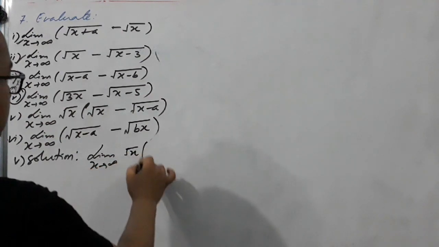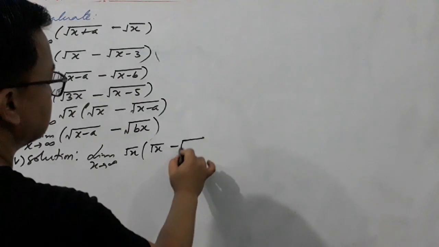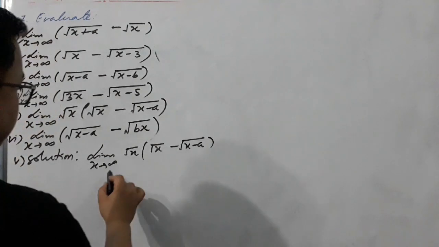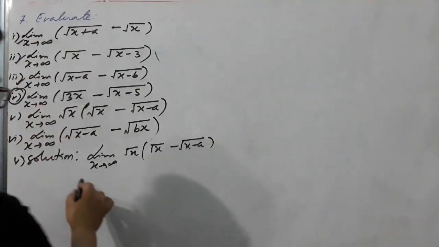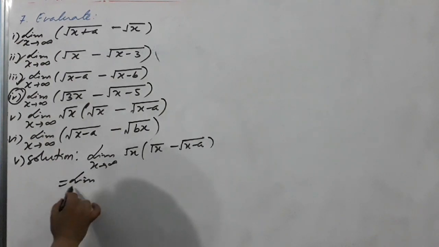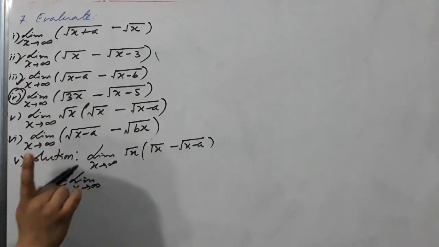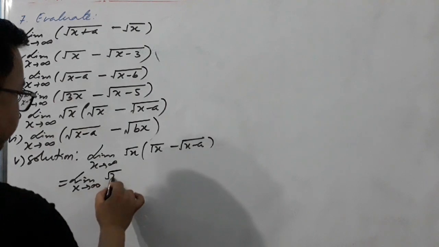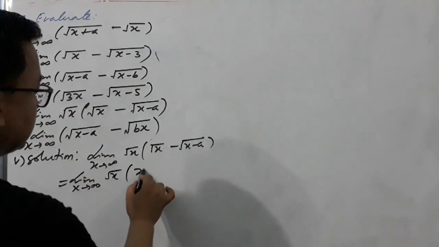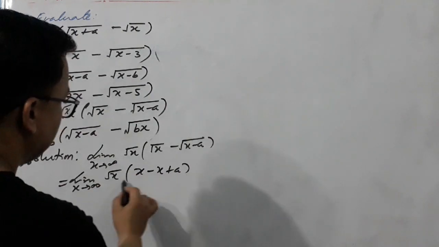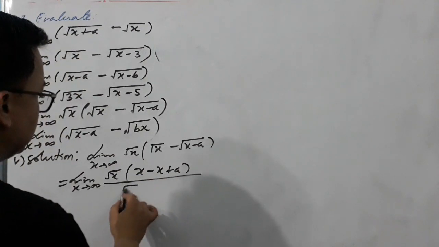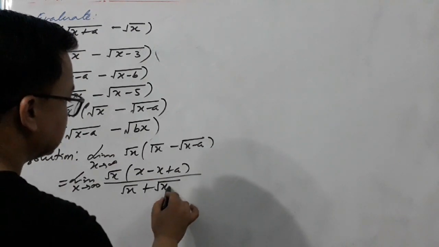Here, root x plus a minus root x minus a, this is also an indeterminate form. We take the limit as x tends to infinity. Now for this I'm using a shortened method: x plus a minus x plus a over root x plus a plus root x minus a.